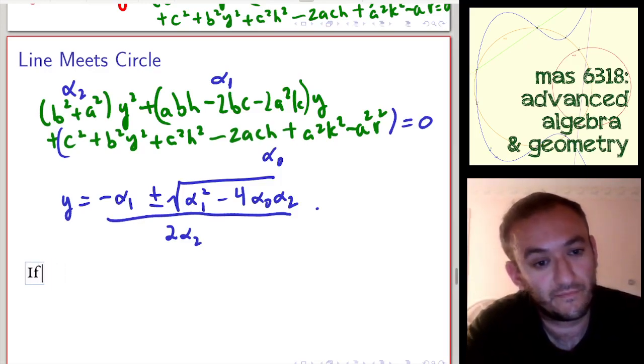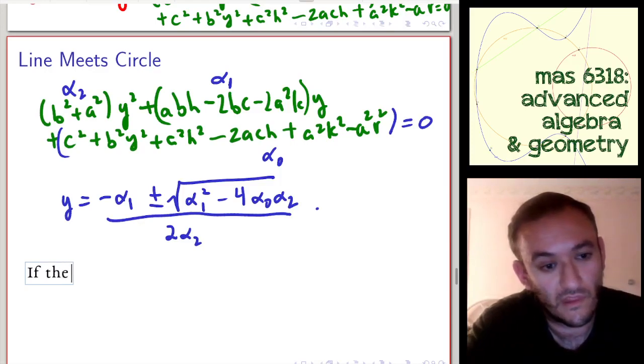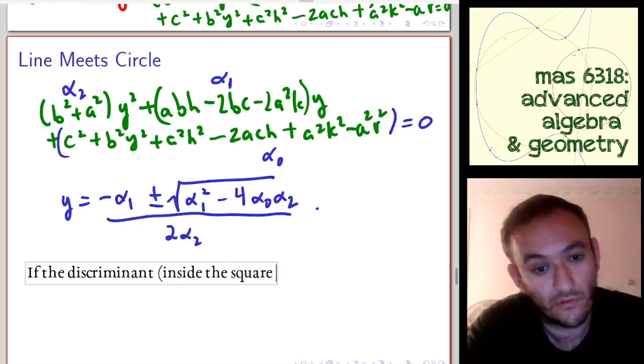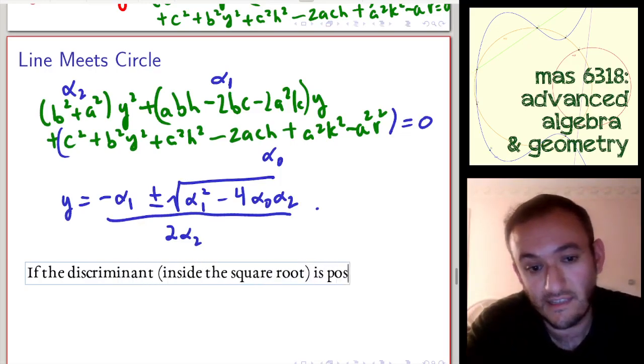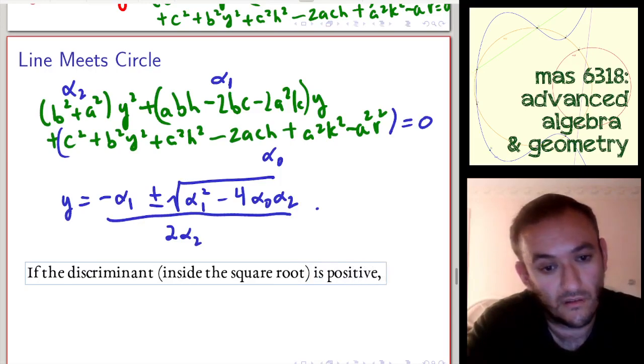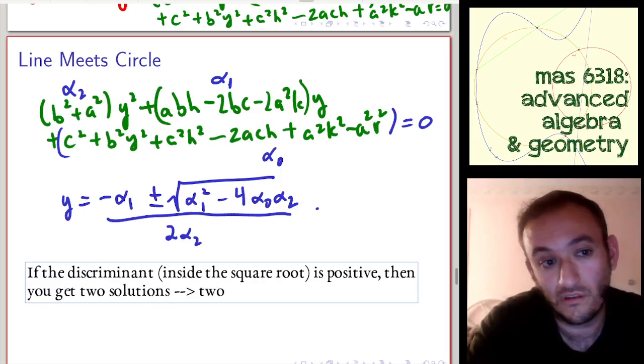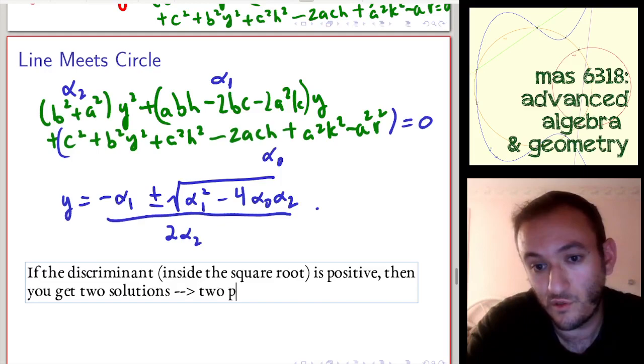If the discriminant inside the square root is positive, then you get 2 solutions, and that leads to 2 points of intersection.